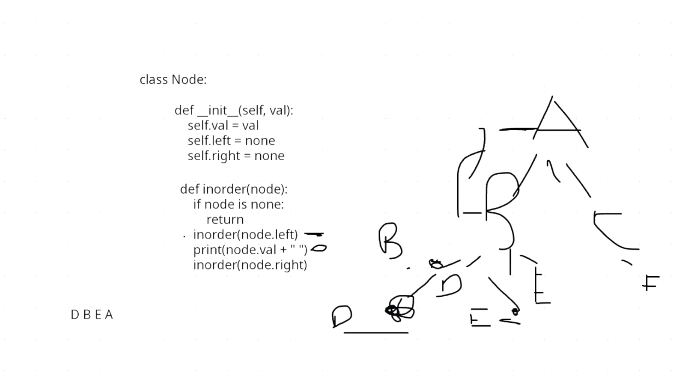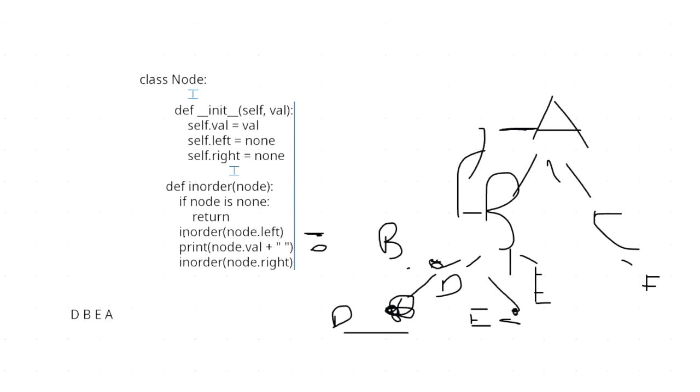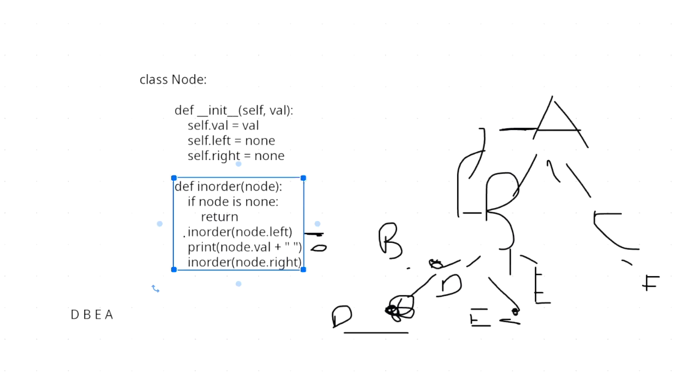C has no left node. When the left node is called, it returns None, nothing. So then we go to the print statement for C. C is printed.